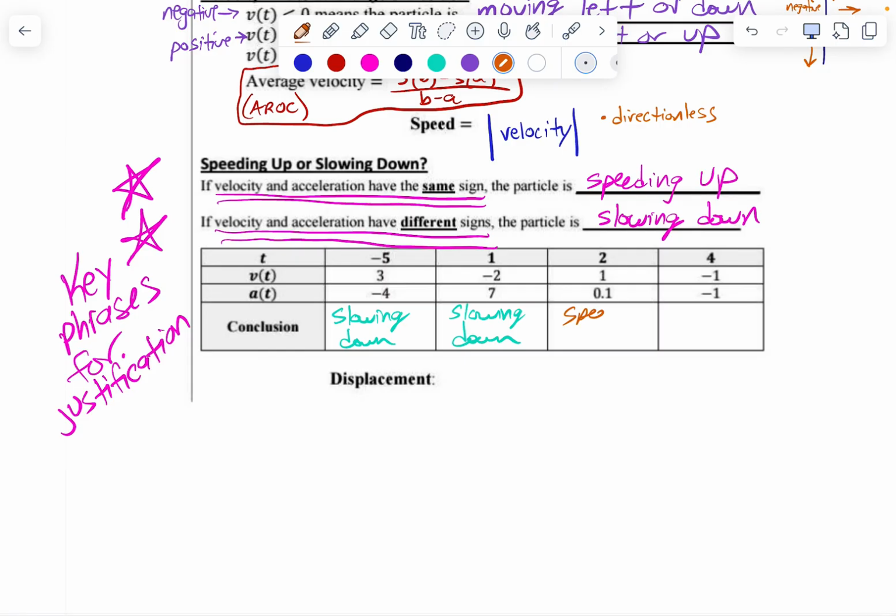Why? Because velocity and acceleration have the same sign? Everybody good?